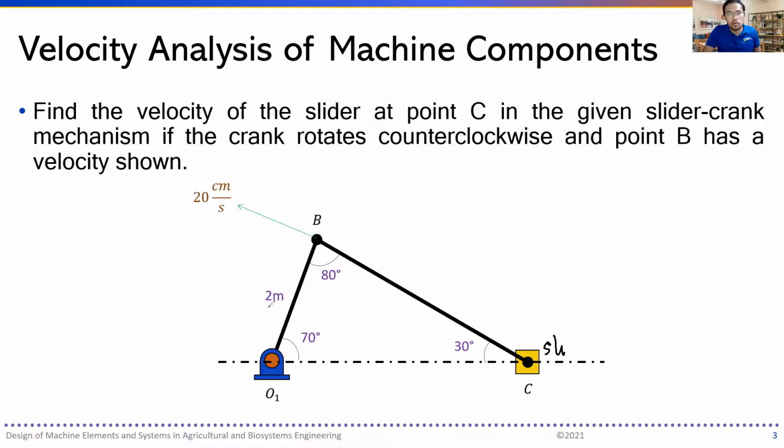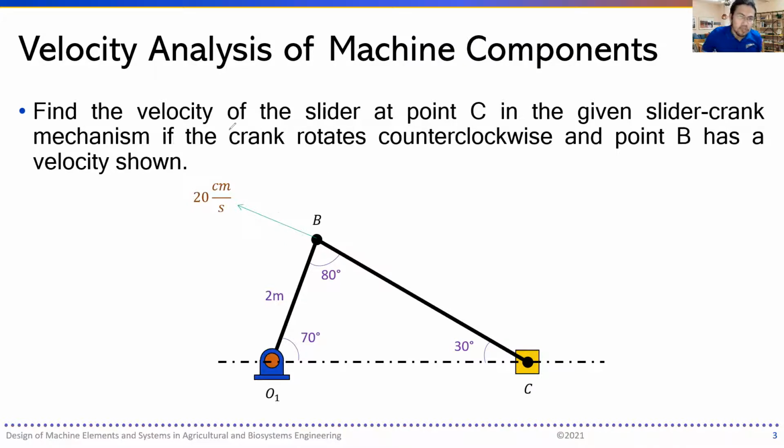Right, so what happens is, you have here the given crank rotating. The angular velocity is not provided, but at this instant, the velocity of B, which is a part of the crank O1B, is 20 centimeters per second.